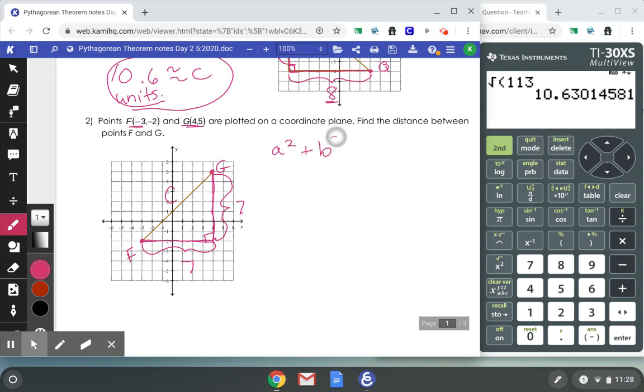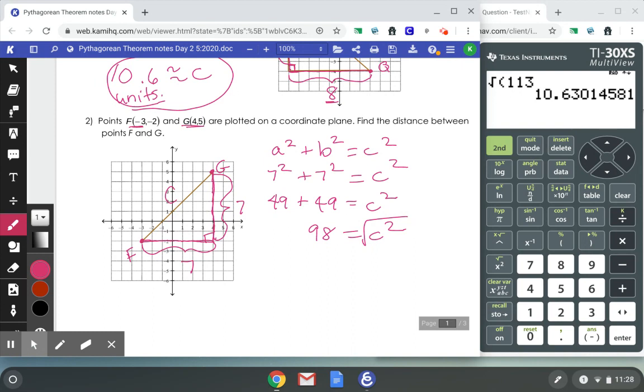So I'm going to write my formula, and substitute in 7 and 7 for the legs, looking for the hypotenuse c. 7 squared is 49. When I add 49 and 49 together, I get 98. And now the opposite of squaring, remember, is the square root.